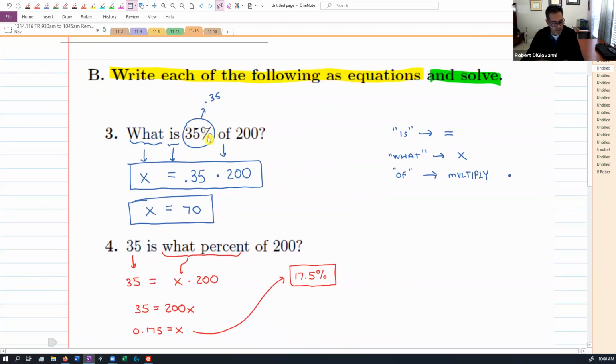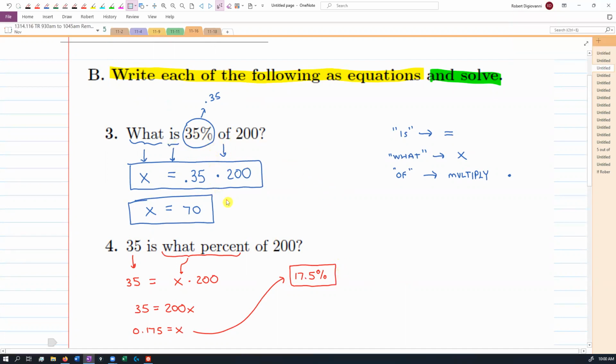So how would you have done the first one then? Hold on, let Doralee continue. I want to hear her explanation going off of what she just said. So the first one was 35 over 200 equals X over 100.